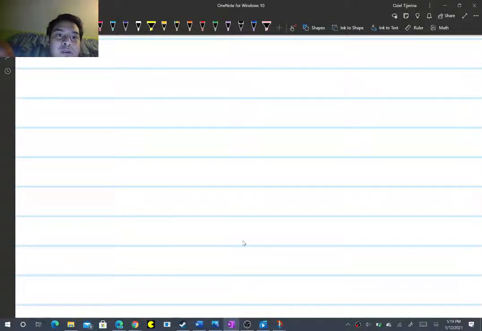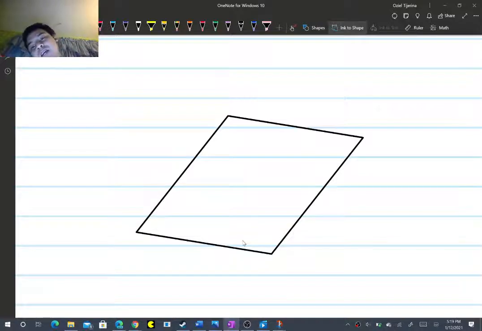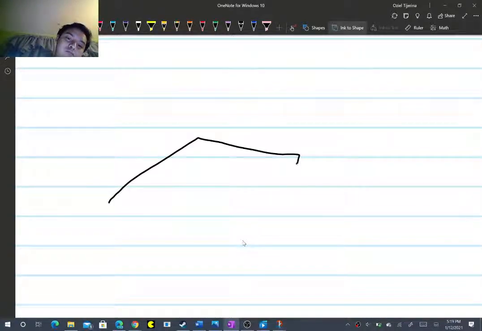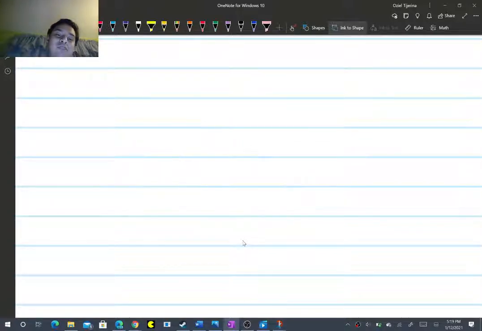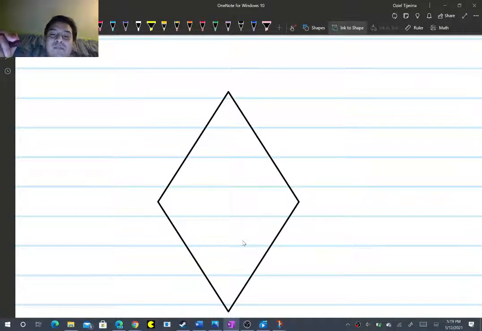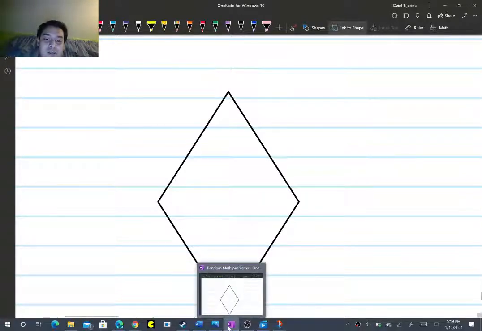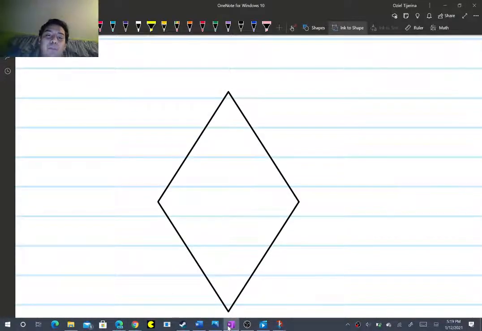So if I kind of draw the figure myself, something like that. I can't really draw it exactly, but just think of it as a diamond, except this one is rotated a little bit.